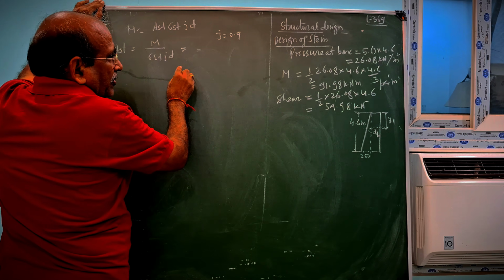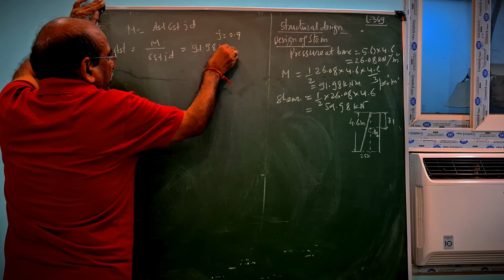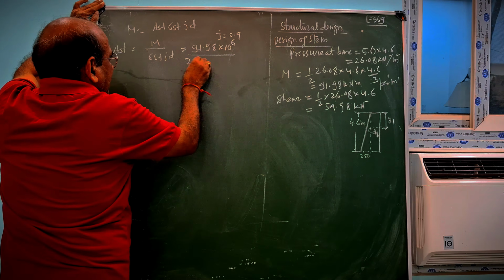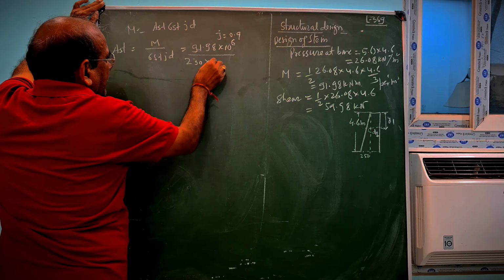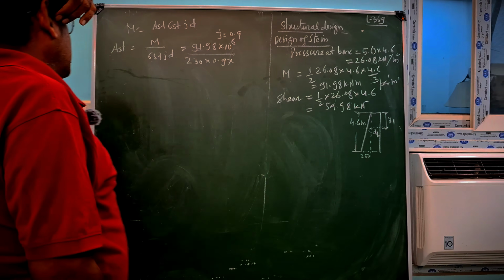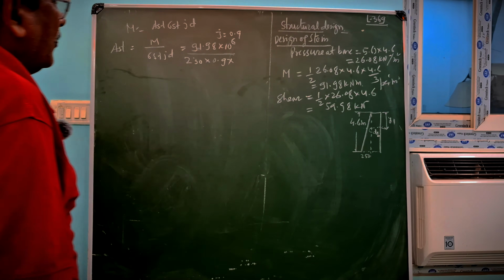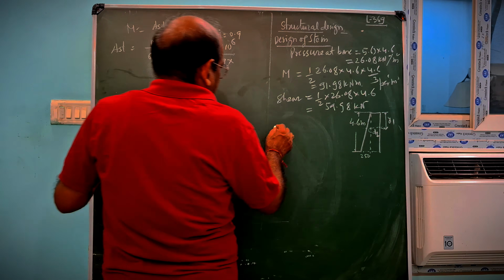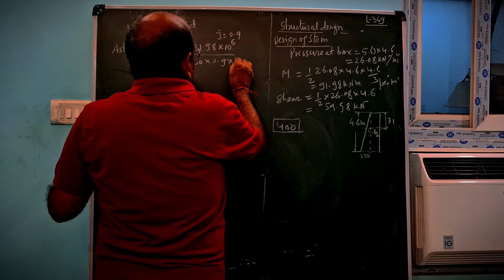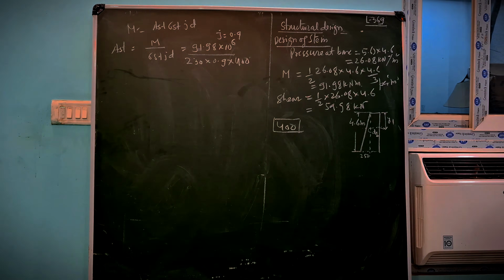So this will be 91.98 into 10 to the power 6 Newton meter divided by 230 (sigma st) into 0.9 into d. What is d? We have taken d as 400. So let us find out the value.